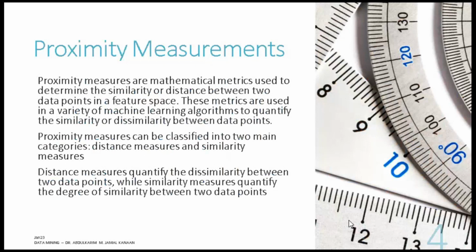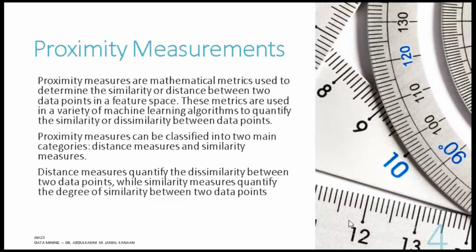We have some measurements that we're going to discuss soon. Some are helpful to measure the distance or dissimilarity, while others are helpful to measure how similar they are. If you like to measure how similar they are, there are certain measurements. If you like to measure how different they are, then there are other measurements to apply.